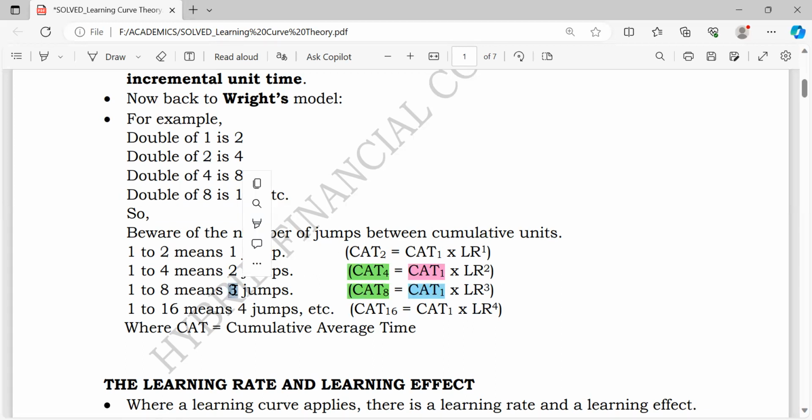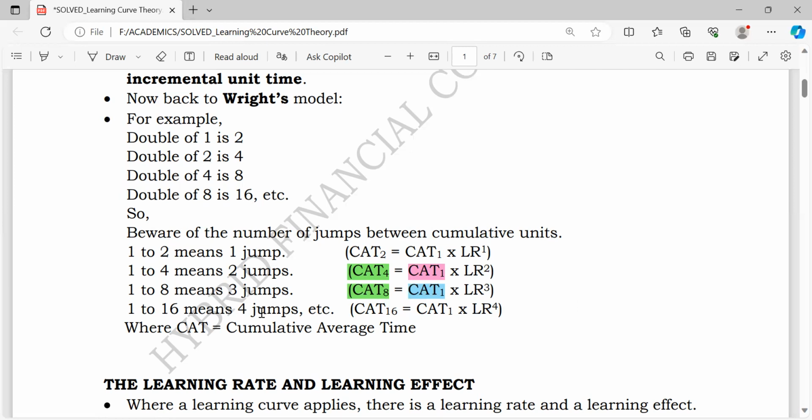Now let me ask one thing. What if you say 2 to 8? 2 to 8, I would say 2 jumps to 4 and 4 jumps to 8. So there are only 2 jumps between 2 to 8. So I could have said cumulative average time for 8 units should be equal to cumulative average time for 2 units times learning rate power 2 instead of learning rate power 3.